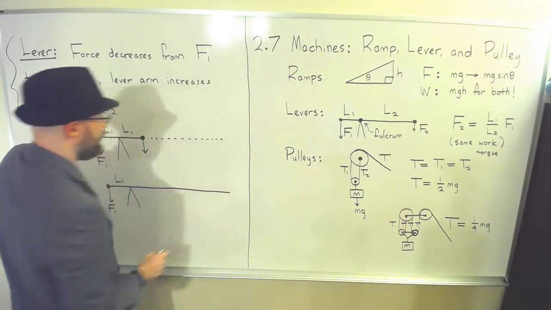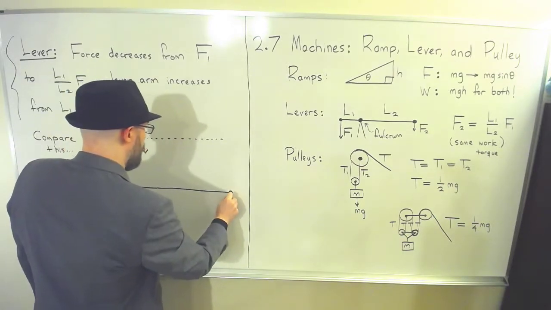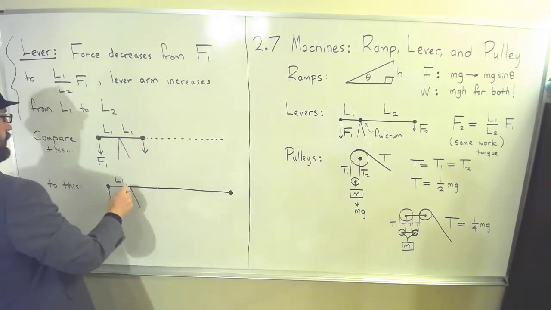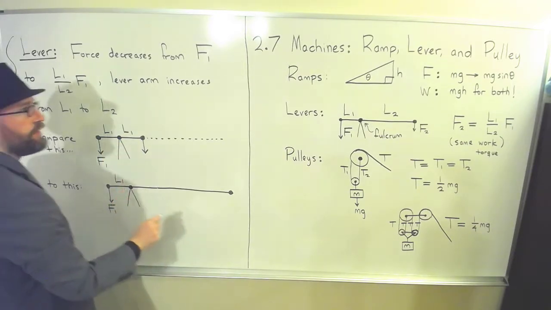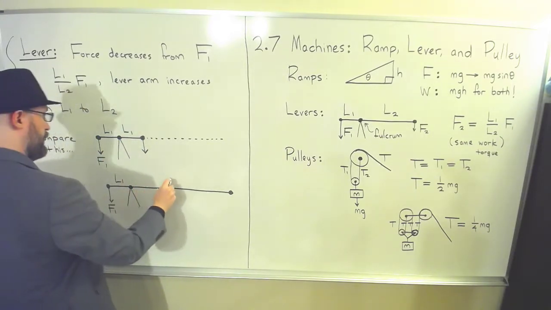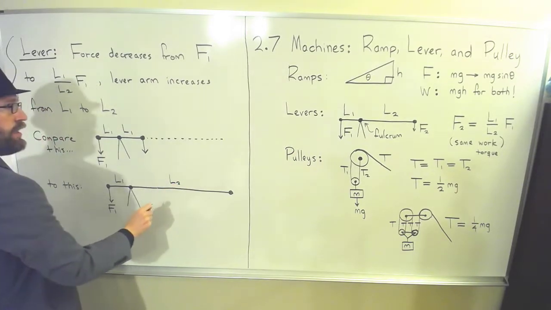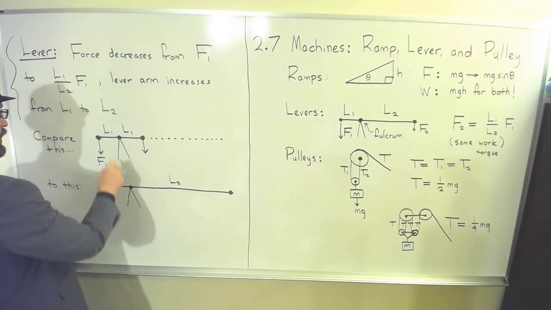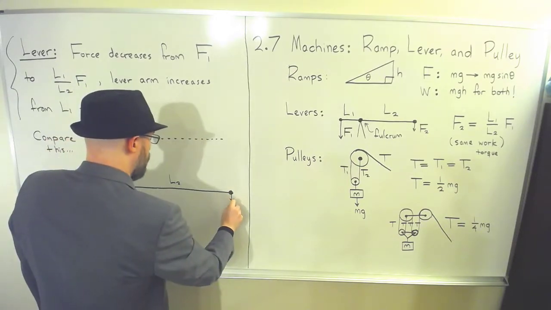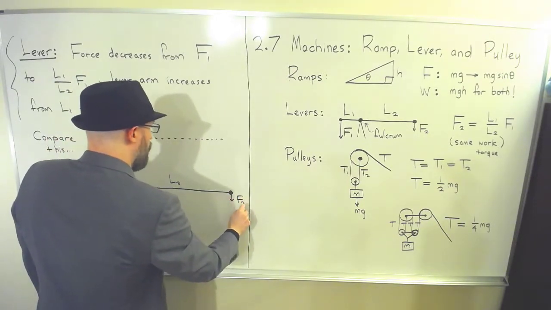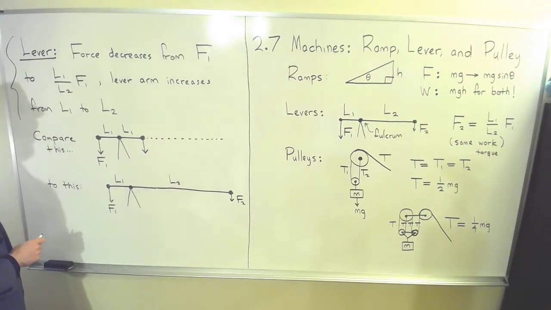But now you increase the lever arm a large amount. For consistency, I want to draw this looking essentially the same as what I had there. So now you can apply a smaller force. Now, why is it okay to apply a smaller force?